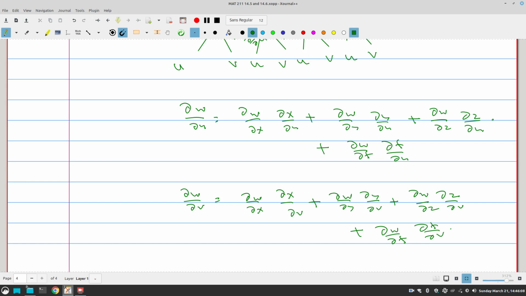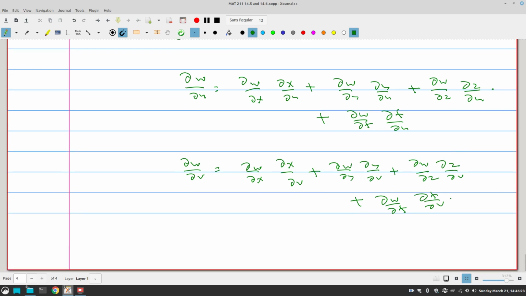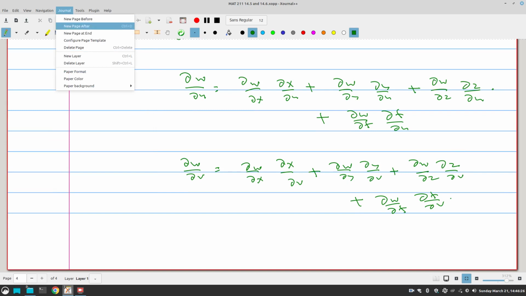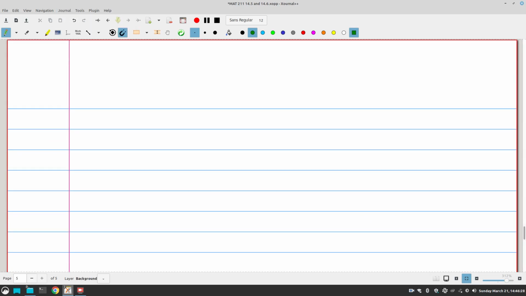Okay, so now we're going to look at something that you've already seen before, implicit differentiation. Implicit differentiation is when a function is implicitly defined. For example, you have something along the lines of x squared plus y cubed sine y equals 0.